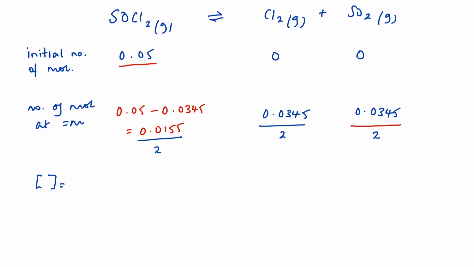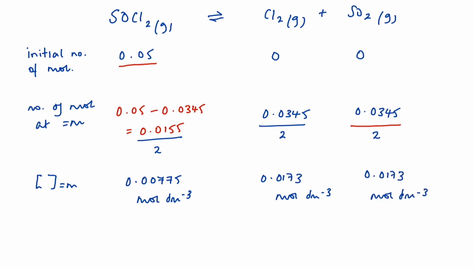My equilibrium concentration for each of these, 0.00775. And I'm going to put the units in so we're clear, mole per decimeter cubed, and each of these is 0.0173 mole per decimeter cubed.